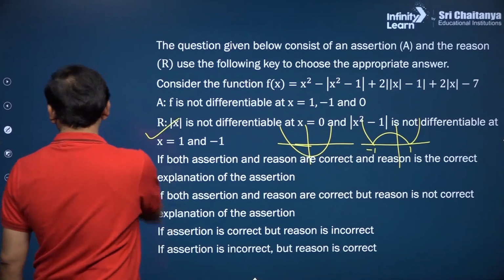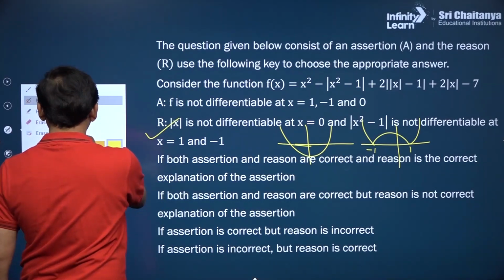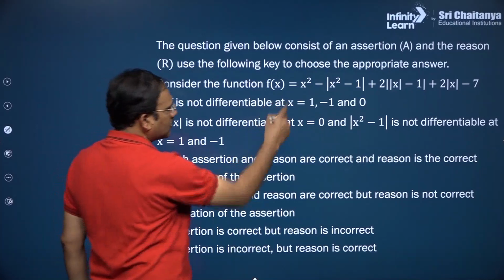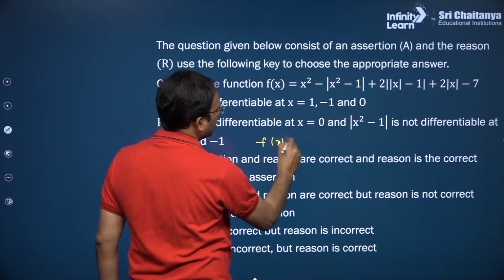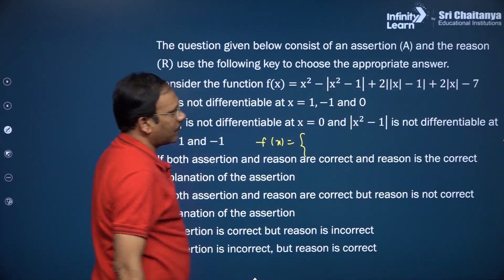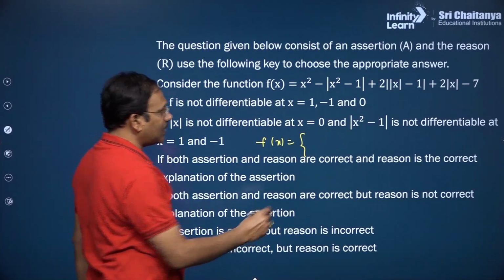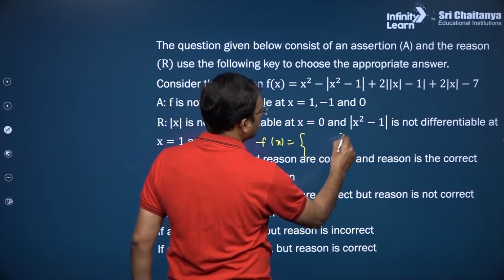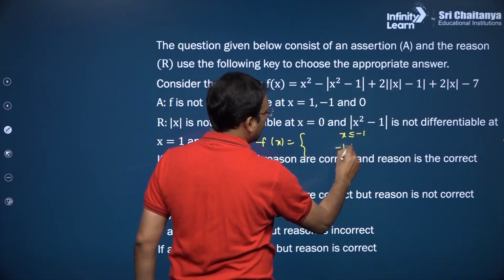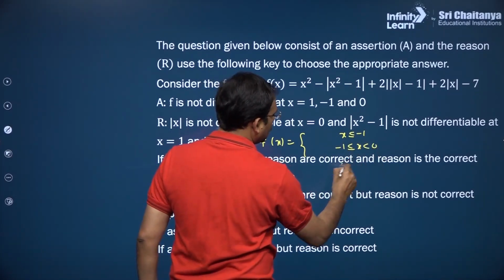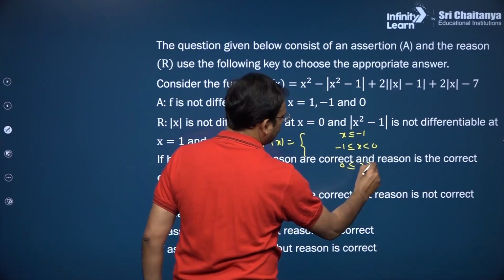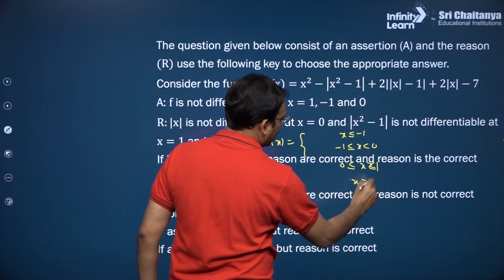Even statement 1 also, my dear friends, I can say, you just try to split the case f of x, because x is at plus or minus 1 and mod x is there at 0 and 1. You just split the function where x is less than or equal to minus 1, minus 1 to 0, 0 to 1 and x greater than or equal to 1.